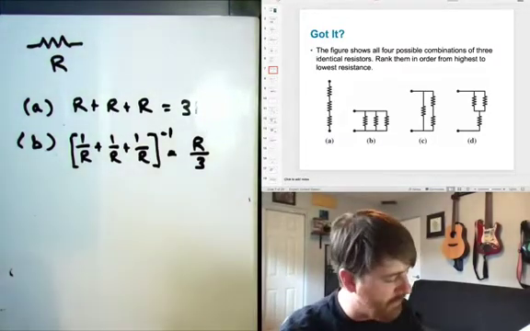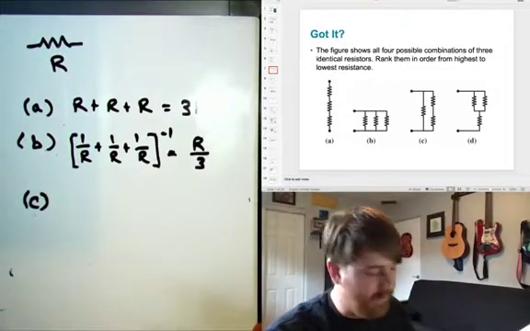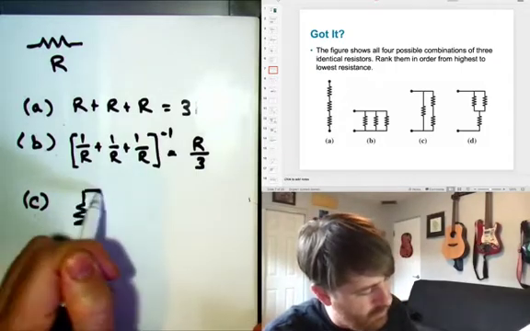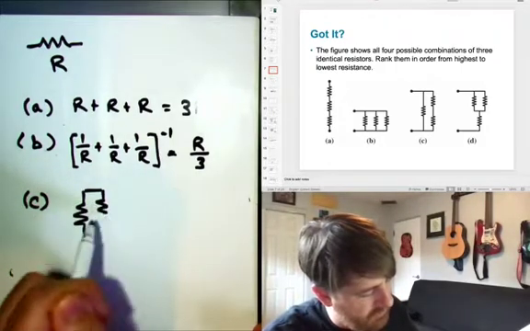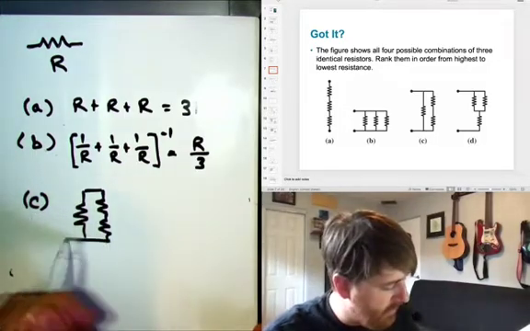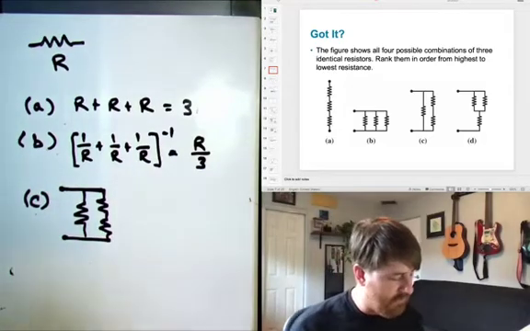Now let's look at part C. Well, I first want to break this up into chunks. When I see these three resistors, and they're arranged like this, then in order to determine the equivalent resistance, I need to start with a smaller subunit.